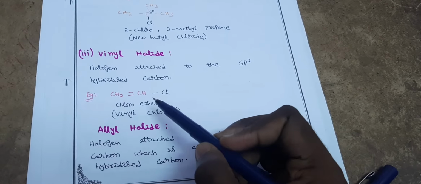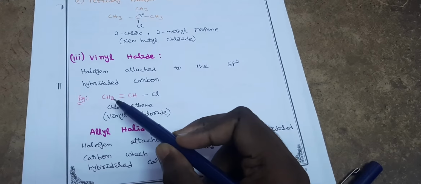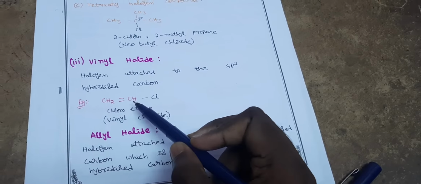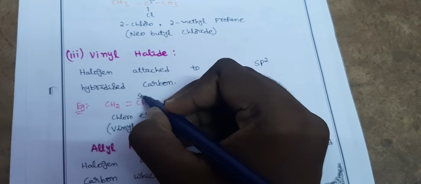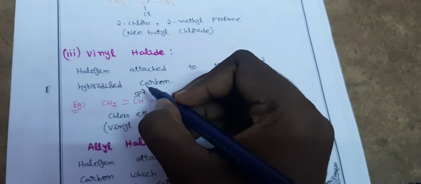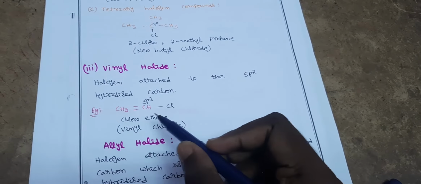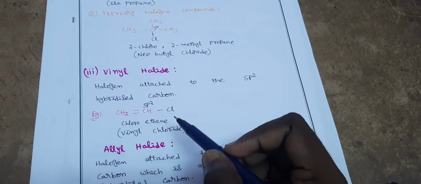That means, look, here the halogen is attached to an sp2 hybridized carbon. Here a double bond is present, so this carbon is sp2 hybridized. So this particular compound is known as vinyl chloride or vinyl halide.